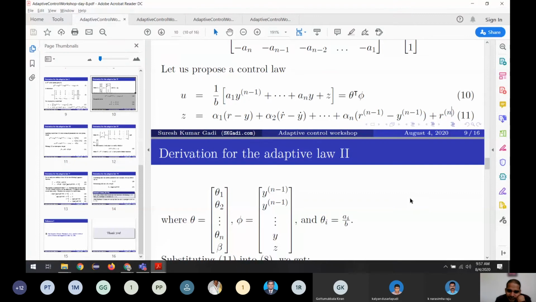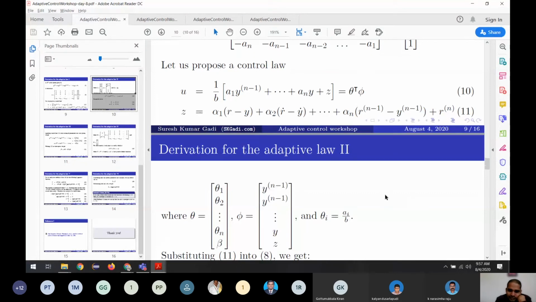So if we write it in a different way, this U we can represent in the matrix format, theta transpose times phi. What is theta transpose? We take all the A1 divided by B, A2 divided by B, all those things as theta. So theta i is equal to ai divided by b.